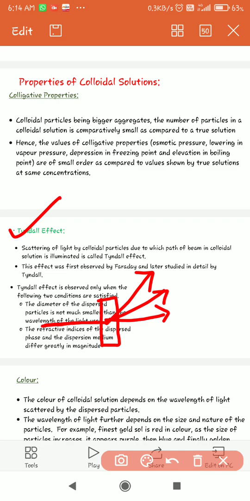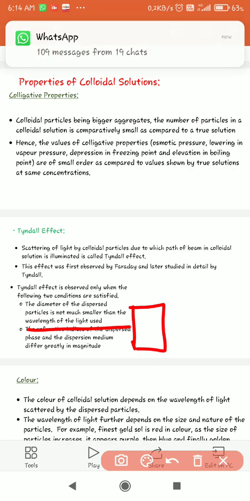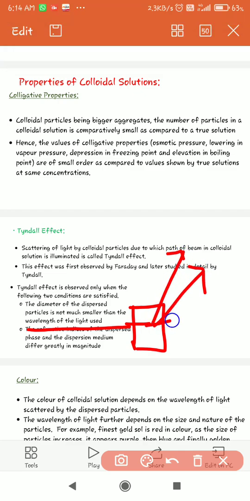So the scattering of the beam of light energy is called the Tyndall effect. Simply put, after striking the colloidal solution, the original path of the beam of light is scattered into different directions. So the scattering of light by the colloidal particles is called the Tyndall effect.